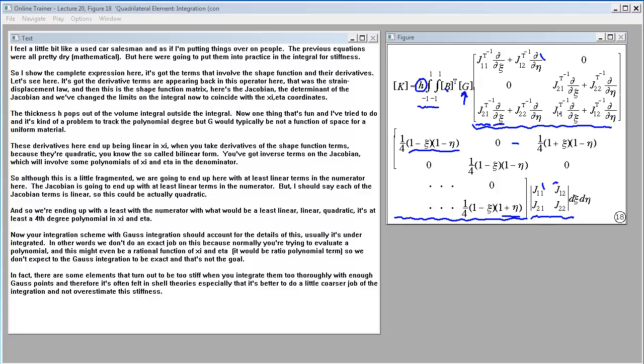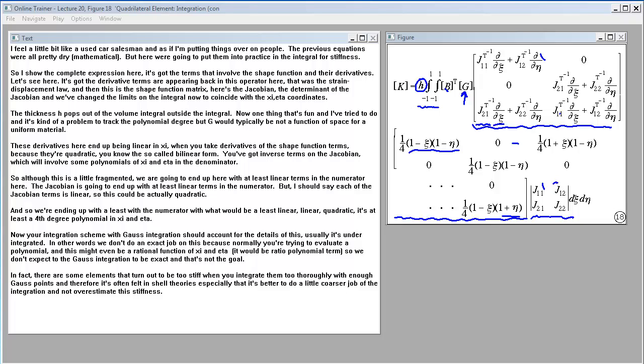Now your integration scheme with Gauss integration should account for the details of this. Usually it's under-integrated. In other words, we don't do an exact job on this because normally you're trying to evaluate a polynomial, and this might even be a rational function of xi and eta. It would be a ratio of polynomial terms.